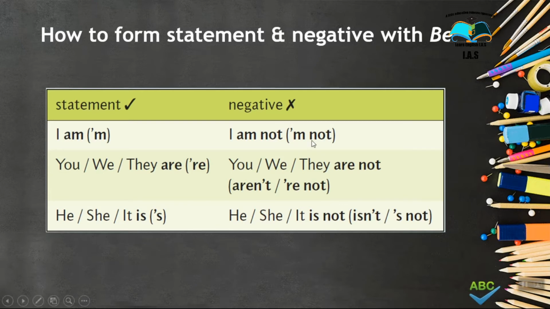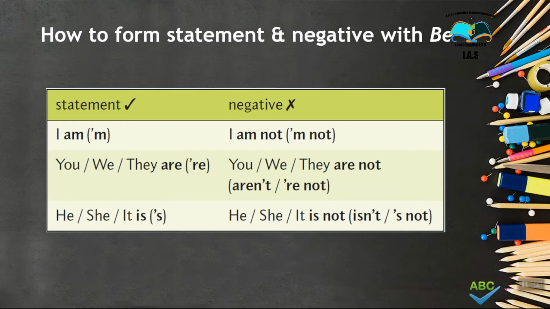For the negative, I have to say I am not, or I'm not, and you are not, we are not, or they are not. But the short form is you aren't, they aren't, and we aren't. Remember, we can shorten only one word. It depends on you.